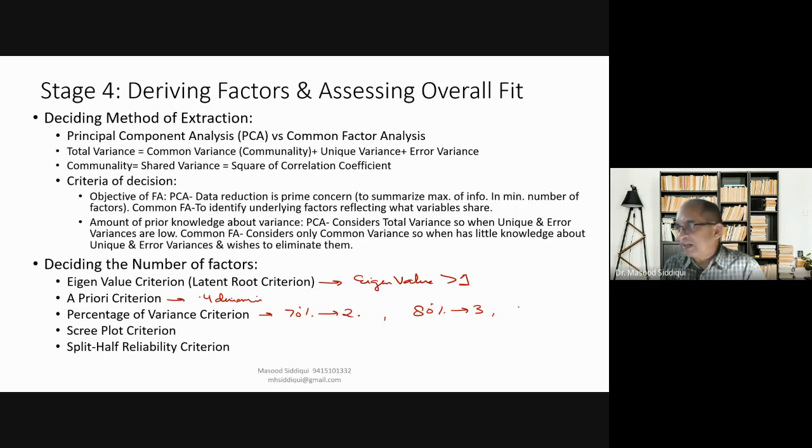If we have a criterion of 90%, then the number of principal components or factors should be 4. Right? So obviously much depends upon the researcher how much variation is required. Normally, the rule of thumb is that it should have at least 60% of the variation. Anyway, we are using the other criterion. So is this criterion clear?